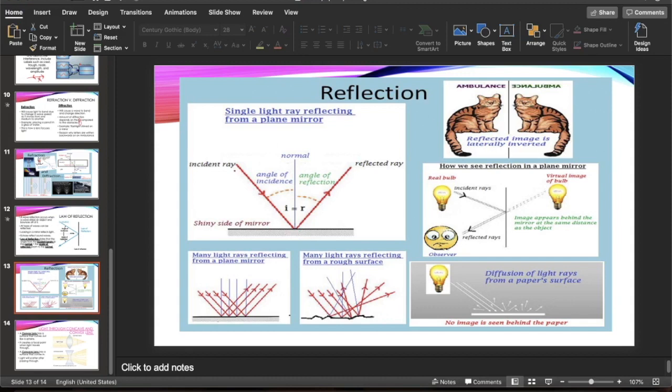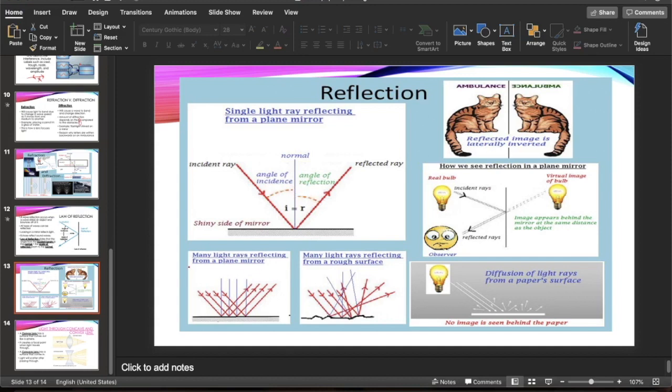It's going to make kind of a V shape, and your normal is just going to be that line cutting through. So your angle of incidence, or the angle of your original light, is going to be the same as the angle of your reflection.